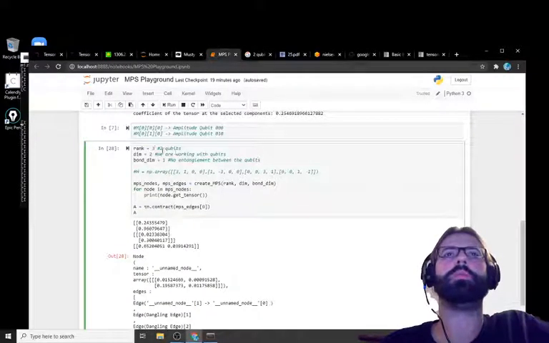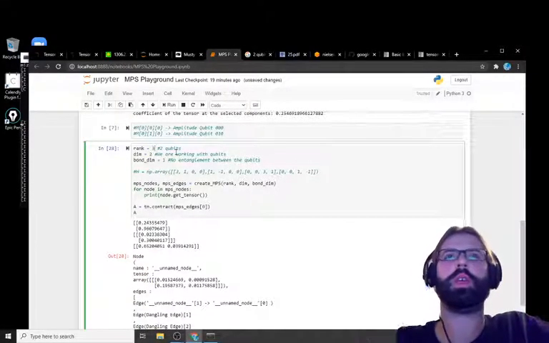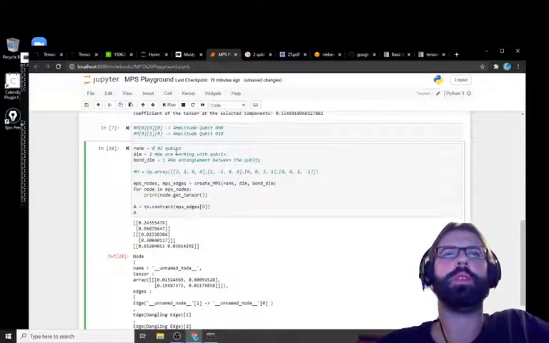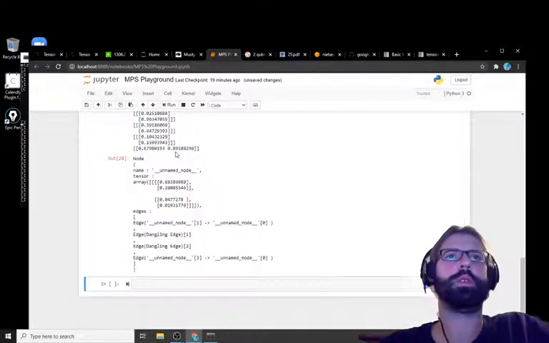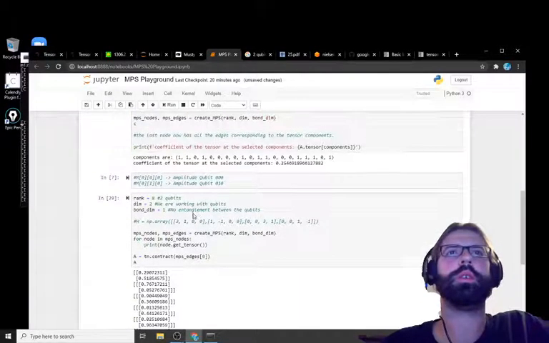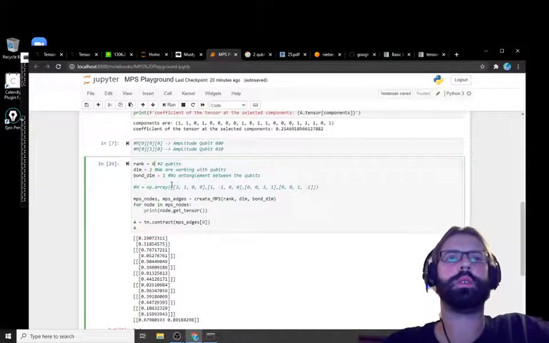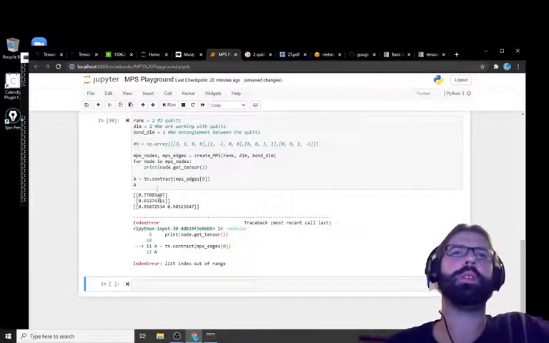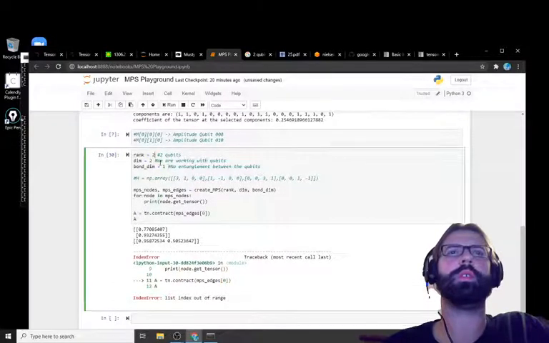Maybe it should be 8, because at the end of the day you want to have 1, 2, 3, 4, 5, 6, 7, 8. Now then you're gonna have 3. There's 2 tensors and there's no edge connecting them. That just makes absolutely no sense.